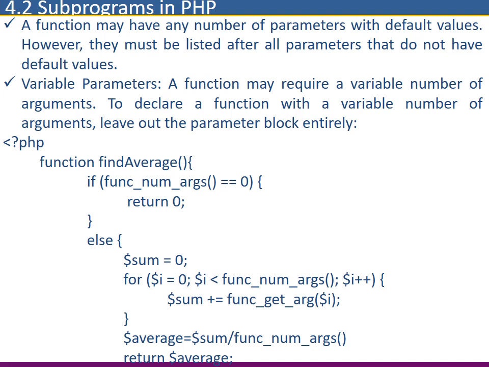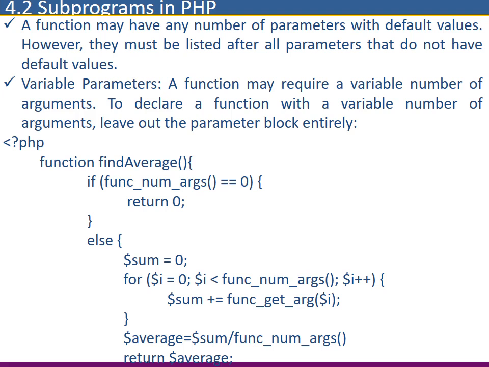So here we close the parenthesis. Then $average equals $sum divided by func_num_args(), the count of arguments that we pass.